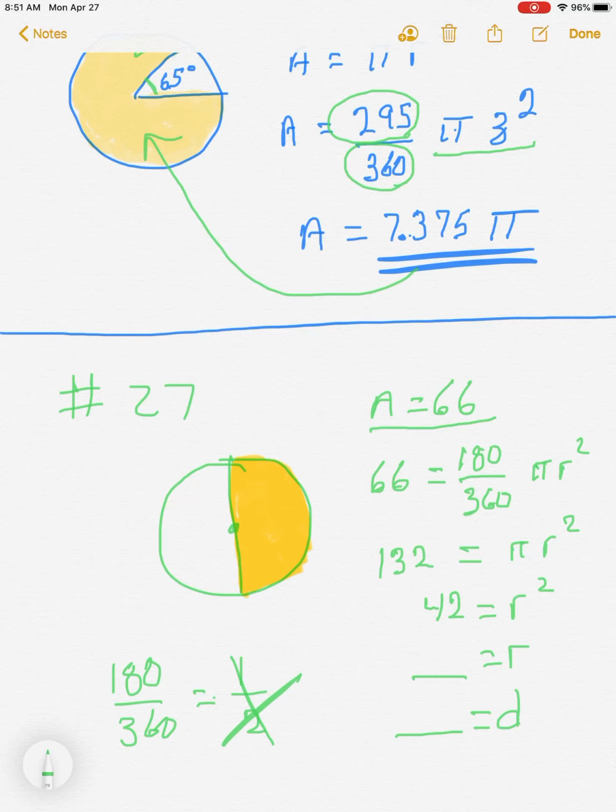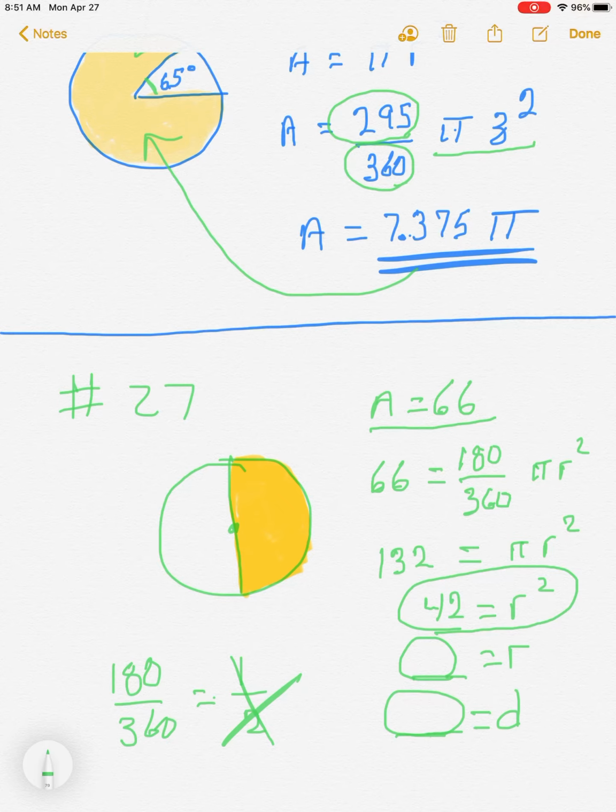So 132 is pi r squared. I divide both sides by 3.14. And I get that the radius squared is 42. What you can do then is take the square root of 42 to find the radius. And if you double that number, you will know the diameter, which is the question for 27.